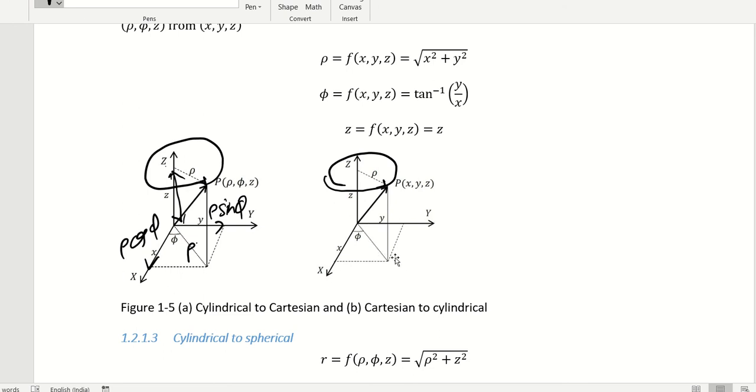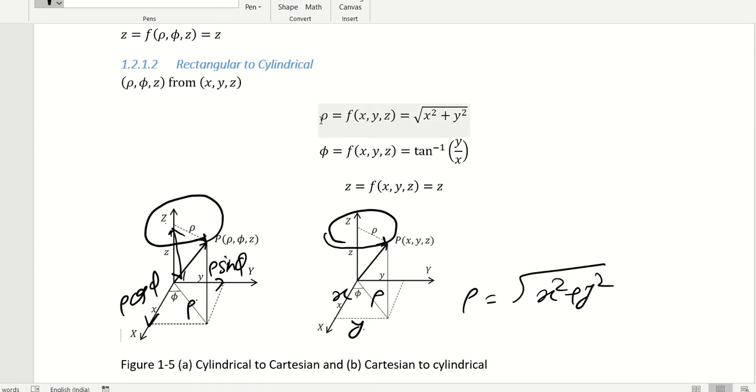From the Pythagoras theorem, this is y and this is x, so this will be my rho, and rho is the square root of x square plus y square. Got it? This is how I have written rho equal to the square root of x square plus y square. And phi is the angle made at this point. So what will the angle be?